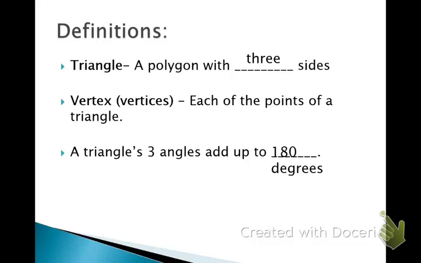Here's a simple proof of how we know they add up to 180 degrees. If I take a triangle, so I have this triangle, and I tear it into 3 parts, each part has one of the vertices in it.